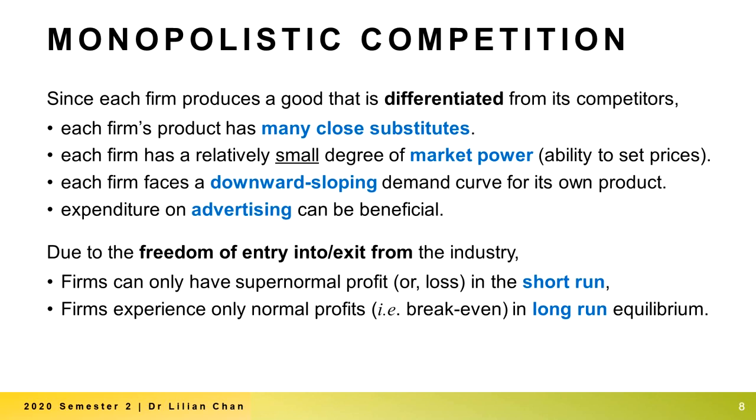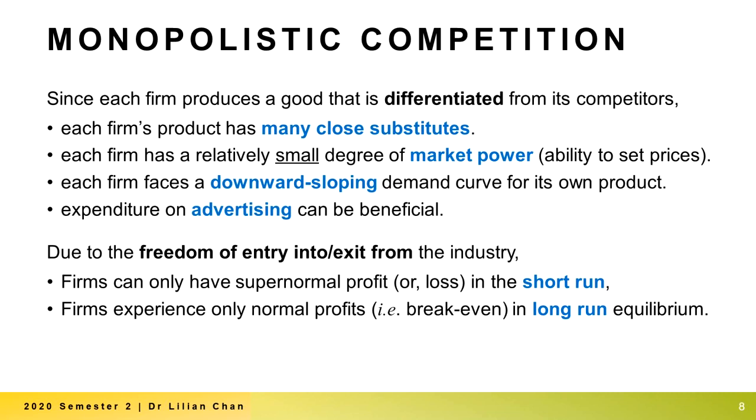So, what are the implications of those characteristics? Now, since each firm produces a good that is slightly different from that of its competitors, differentiated, each firm has many close substitutes. Each firm has a small degree of market power, which means it is able to set prices above its marginal cost, but not as much as a monopoly.